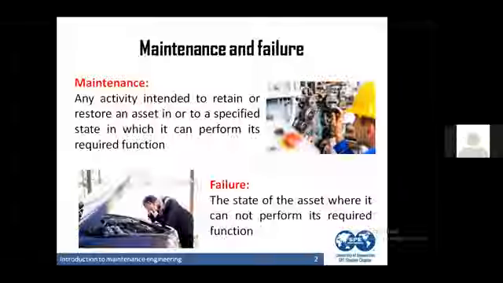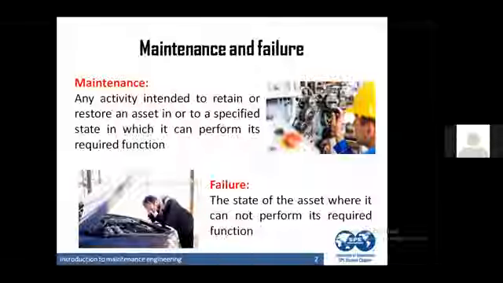This is the question. However, in some industries, such as productive industries, where we have just a short added value of our product, the question of the specified state is whether our equipment is working or not. That's all. I continue my definition: in which it can perform its required function.